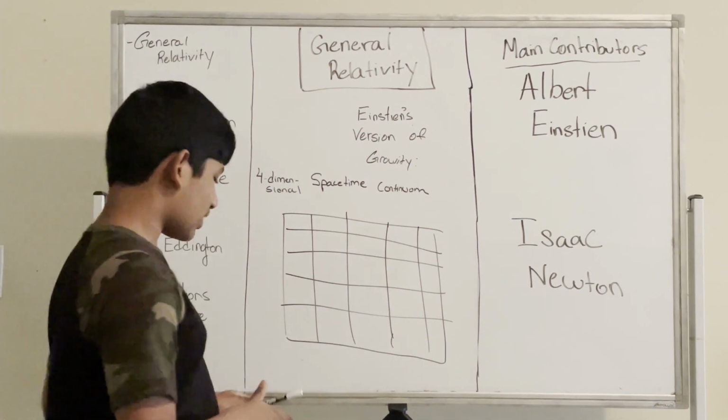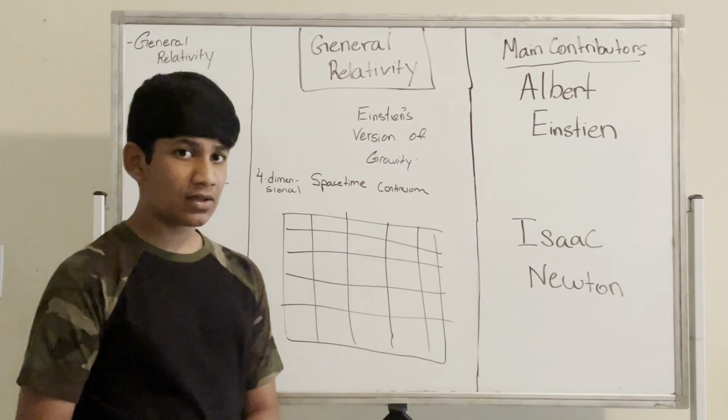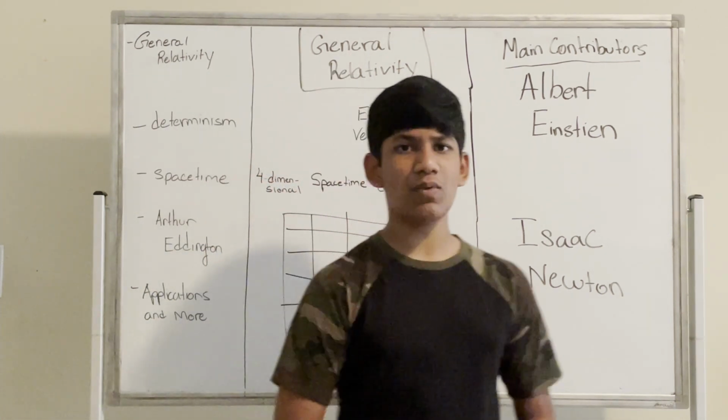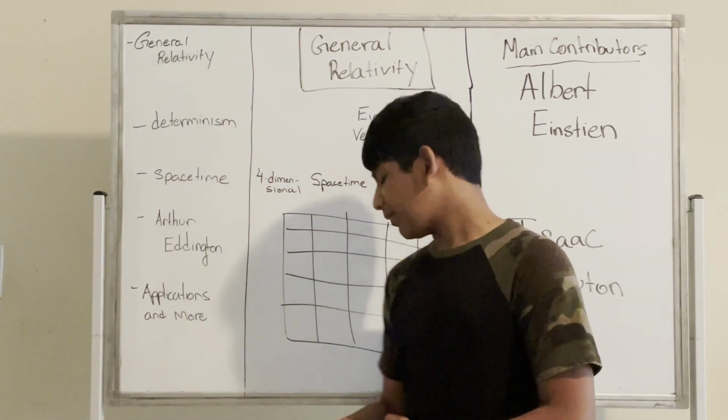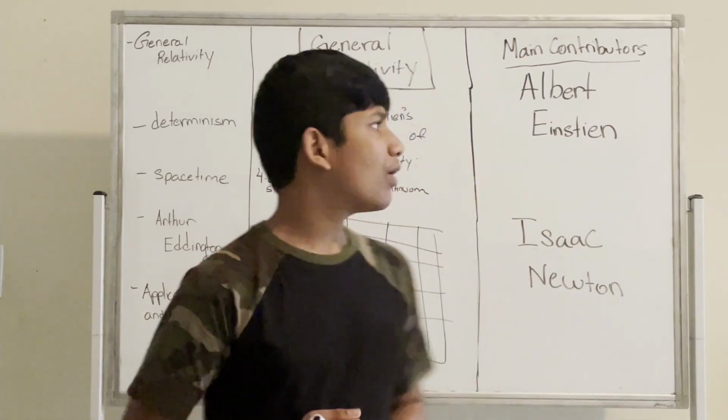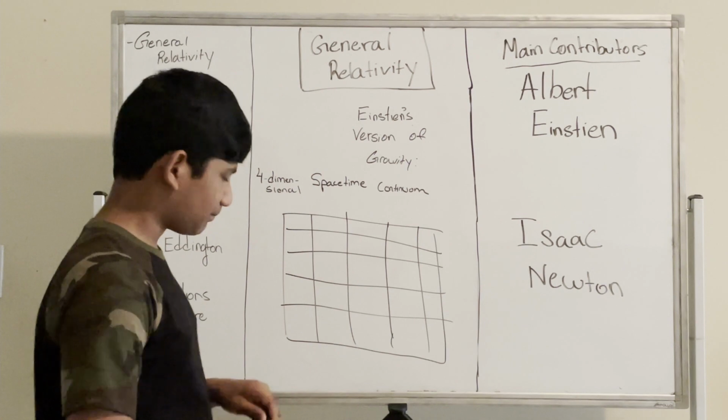Now, you may be wondering, we have a space-time continuum, then how does gravity have an intricate relationship with it? That's the main question. Well, gravity does have a very significant relationship with the space-time continuum.